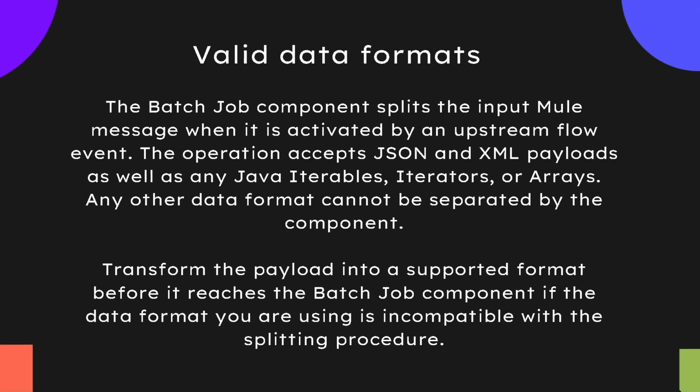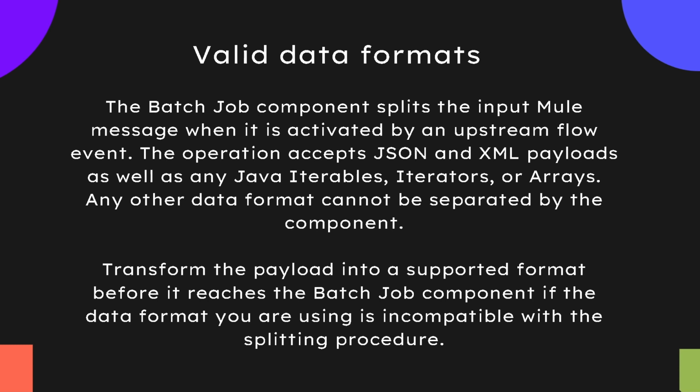Whenever a Mule flow gets triggered, the batch job performs a split operation on that particular Mule message and sends it to a persistent queue. So the batch job accepts any Java iterables, arrays, JSON and XML payload.